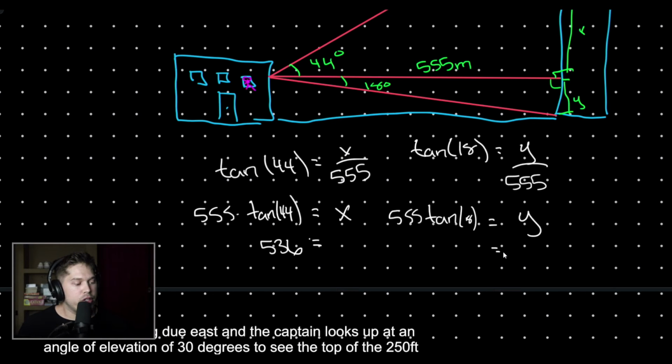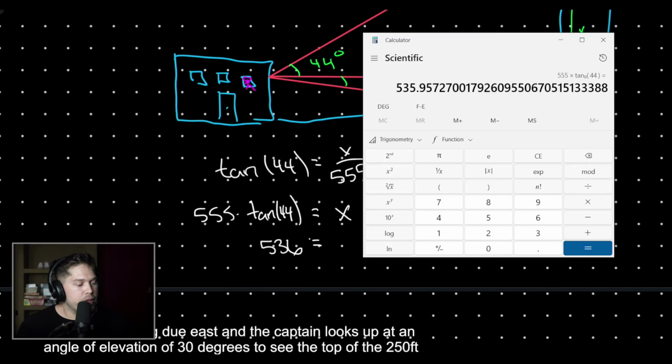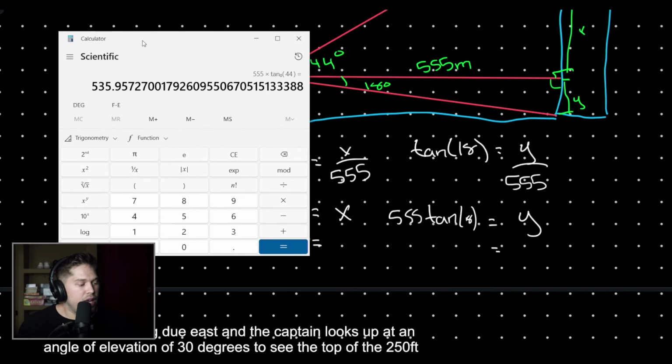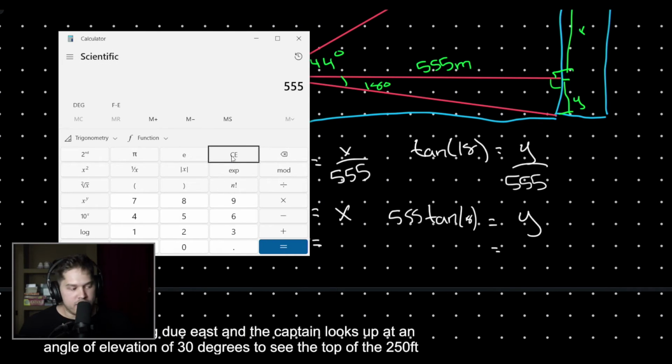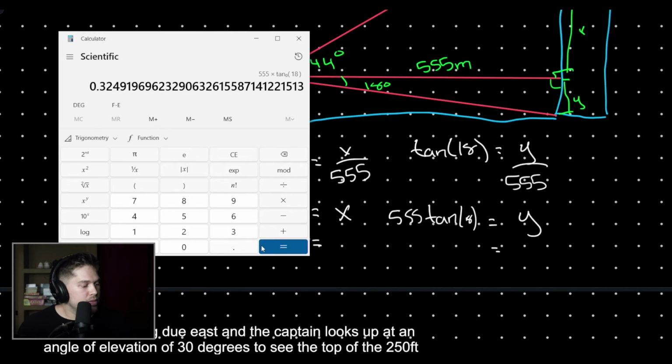And for y, again, we pull up our calculator and clear it out. We have 555 times the tangent of 18. And that is 180.